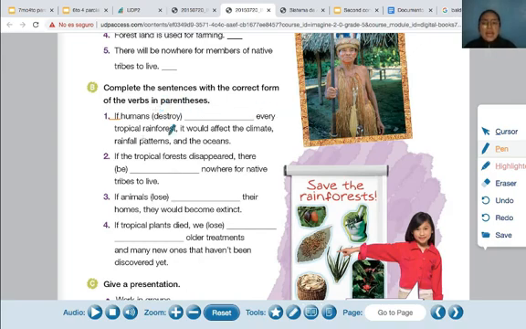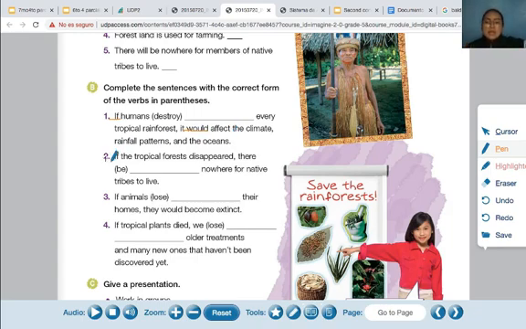Okay? Every tropical rainforest, it would affect the climate, rainfall patterns, and the oceans. In this case, you have to look: would is the modal verb. In the second part, remember, you have to use the modal would in the sentence.